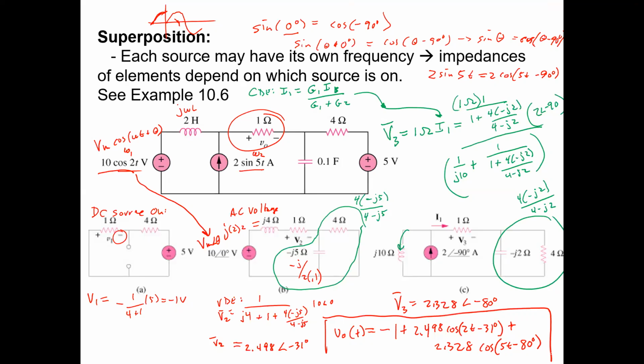Isaac? Yeah, the superposition allows it to solve each part of that separately, each part which is working at a different frequency separately, and then adding the total results together.